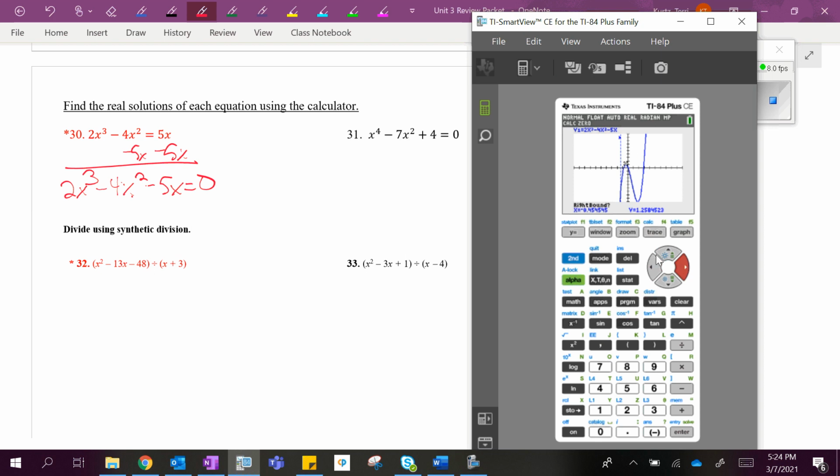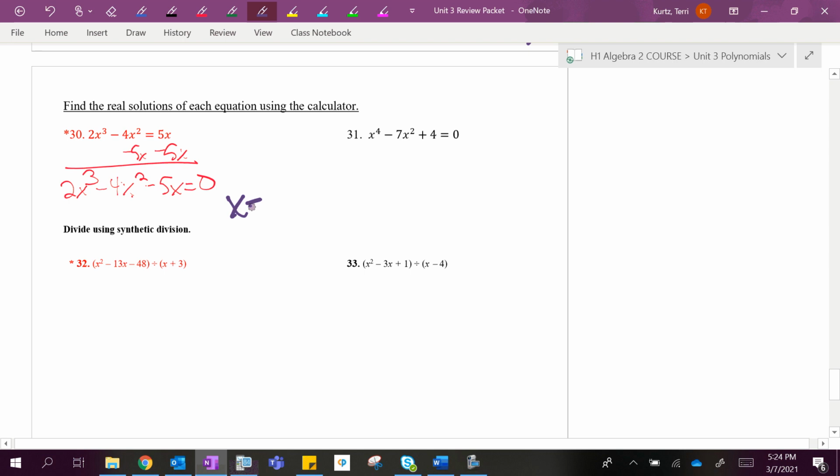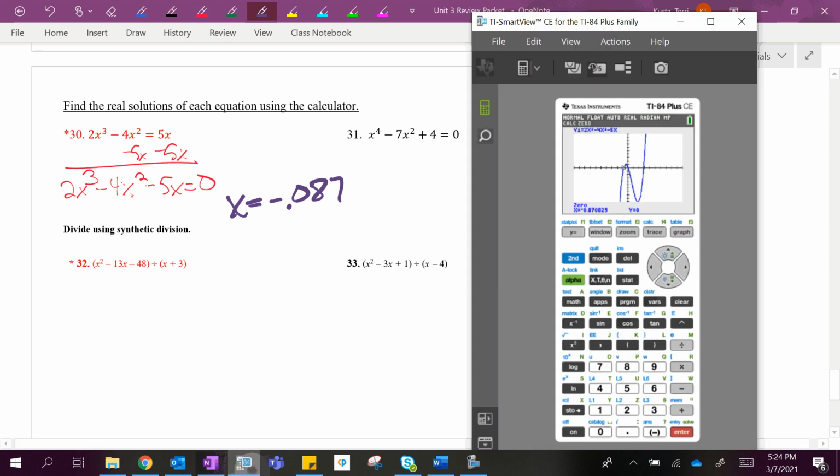I hit enter. Guess, I hit enter again. Now it tells me 0, and that says negative 0.87. So my first root, negative 0.87.